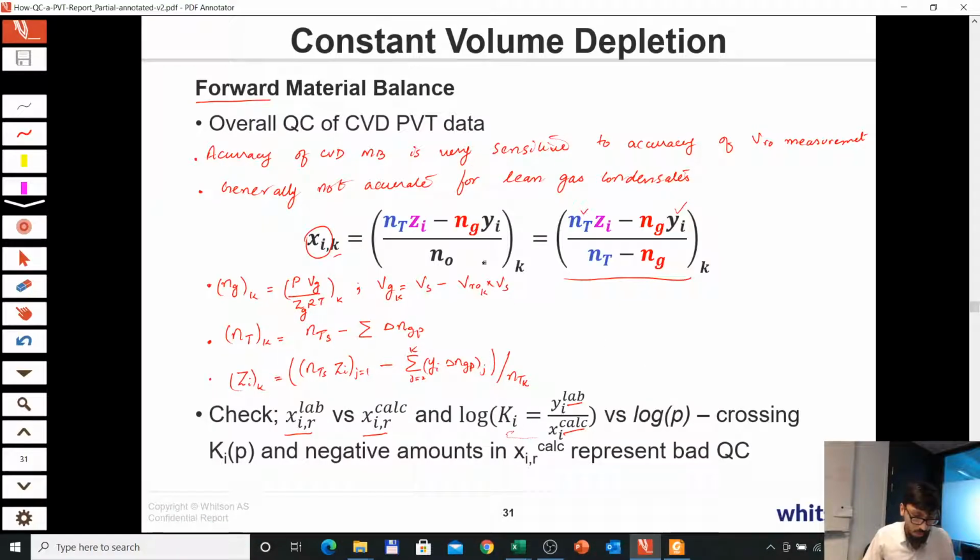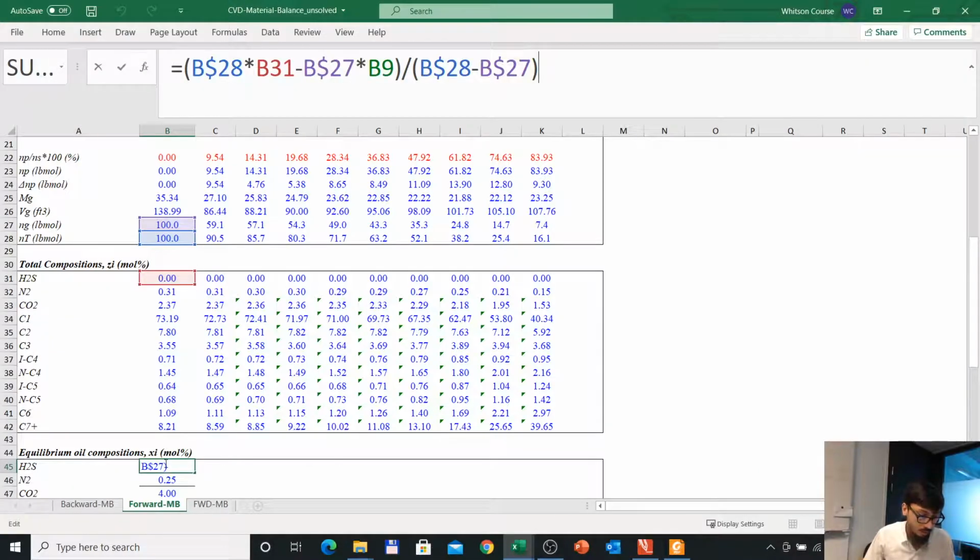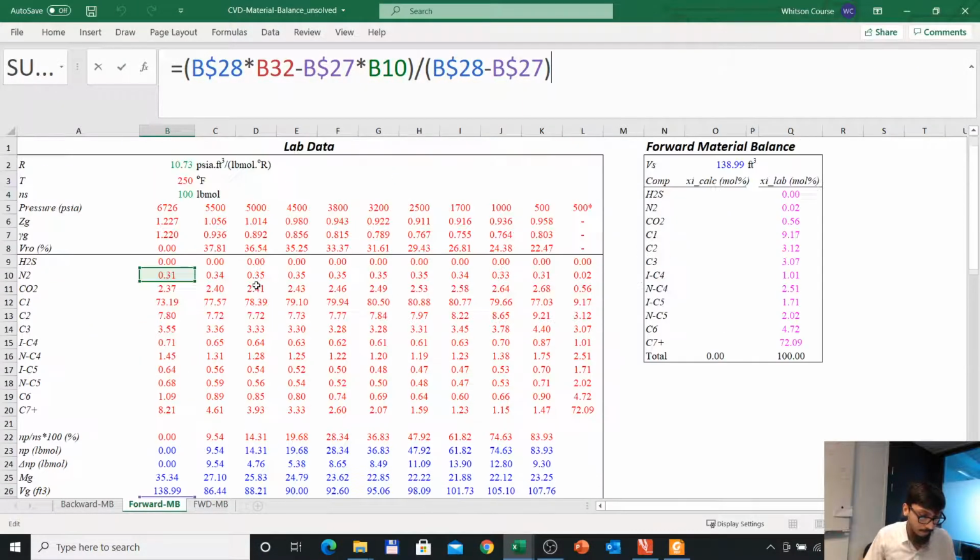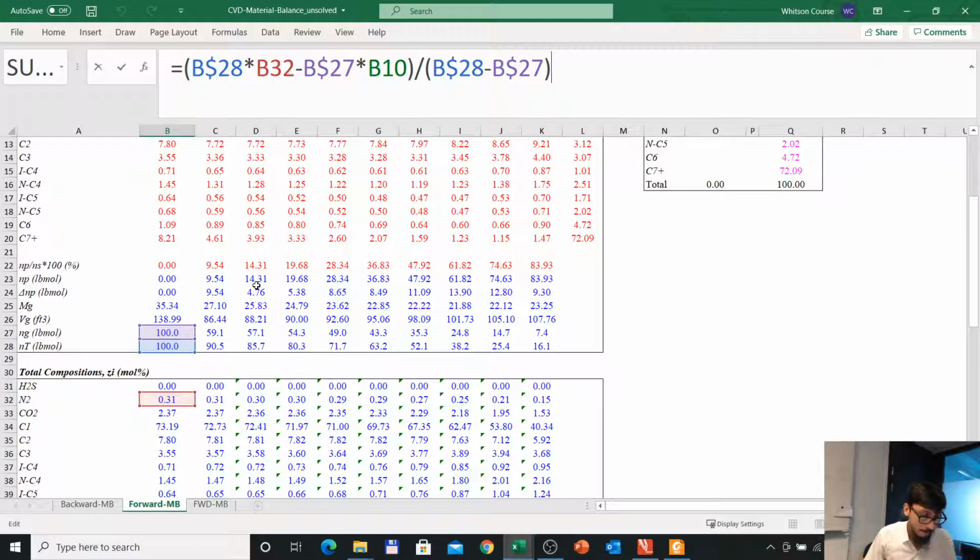So we have the total moles and NT ZI minus NG YI, and then that should be 0, right? So NT, let's see what happened here.